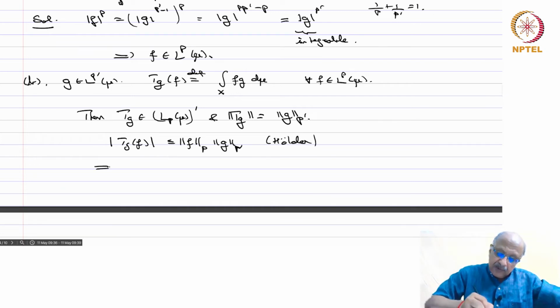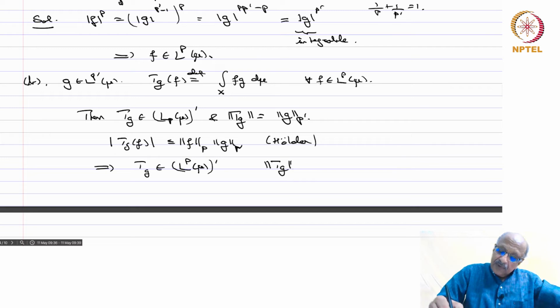And therefore this implies T_g belongs to L^p(mu) dash and norm T_g is less than or equal to norm g_p dash.